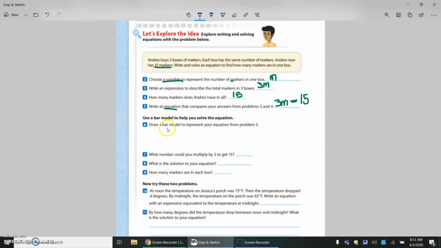Okay. So bar model. So I have 3 boxes. I'm going to draw 3 bars. And I'm going to label each box with my variable, because I'm showing the number of markers in each box.